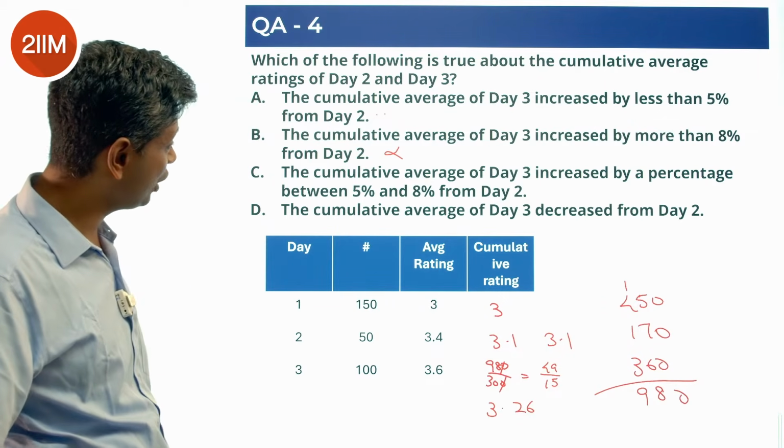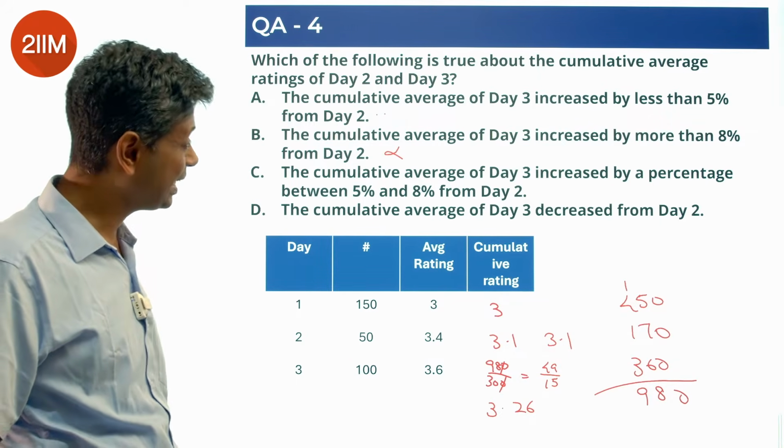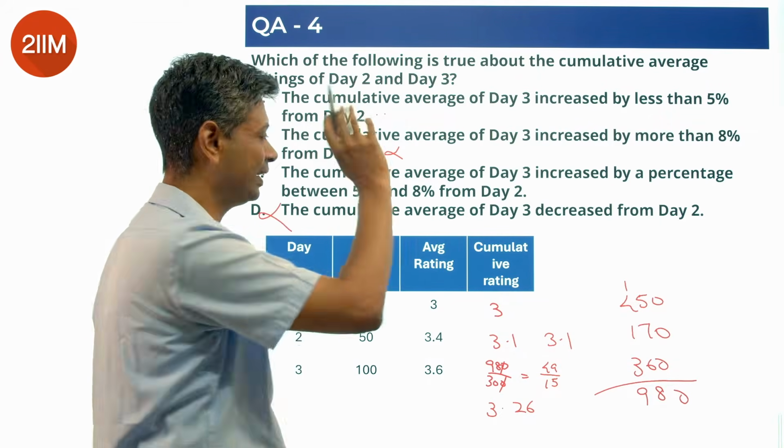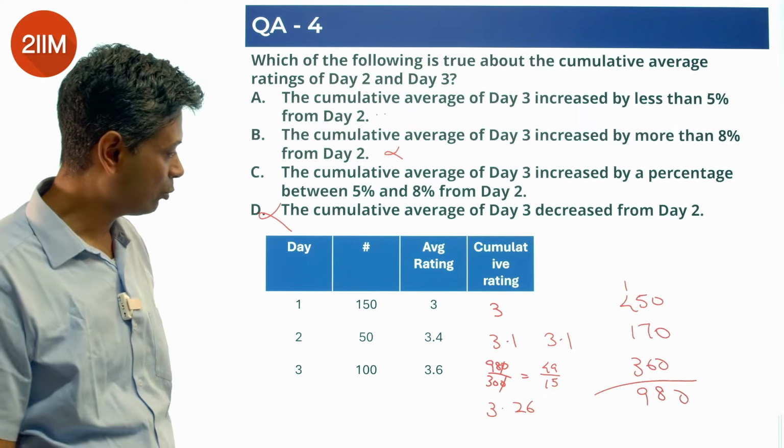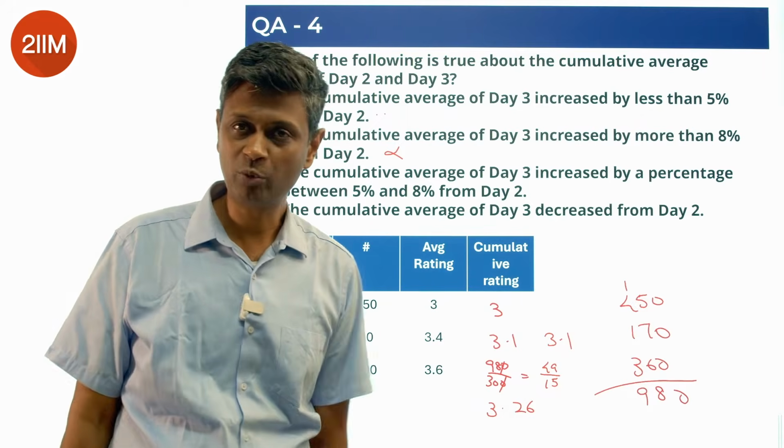Average of day 3 increased by a percentage between 5% and 8%. Decrease from day 2. This is wrong. To get the detail right, I'm going to do 98 by 30 divided by 3.1.